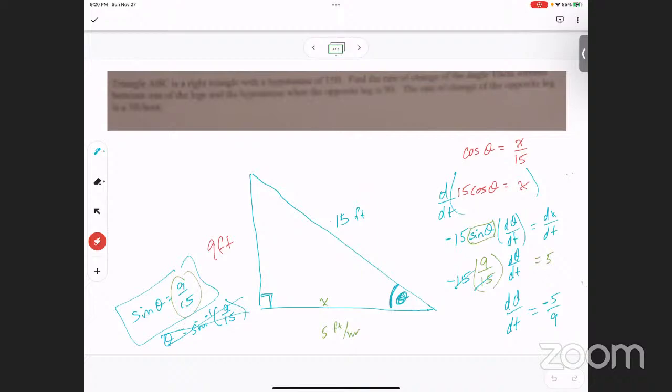Okay. But they wanted the rate of change of the angle formed. So that told me that I had to come up with a formula. This is what I was talking about with these problems. The hard part is knowing what the formula is that you need to come up with.